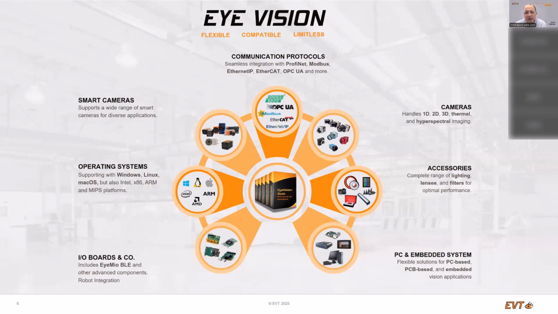And of course, if you have a smart camera, or the sensor you're using has a dedicated I/O line, we also support that. Many 2D cameras nowadays have some I/O lines, especially for the trigger, and maybe one or two I/Os. You can use them, of course, also with the EyeVision software without doing any additional programming.